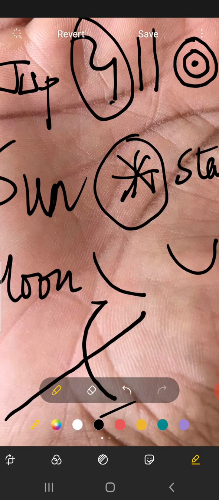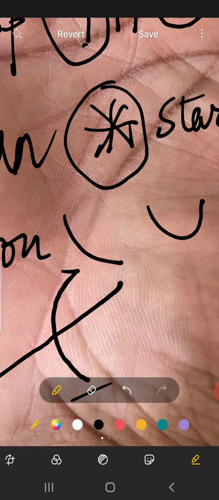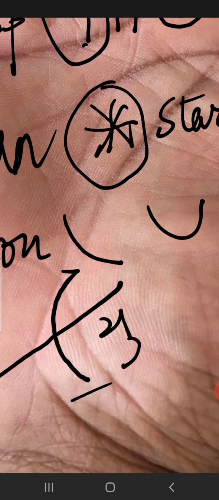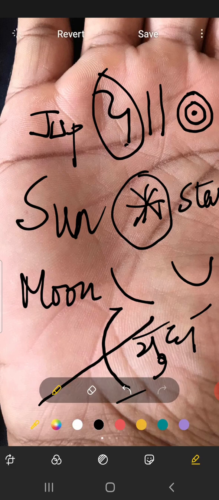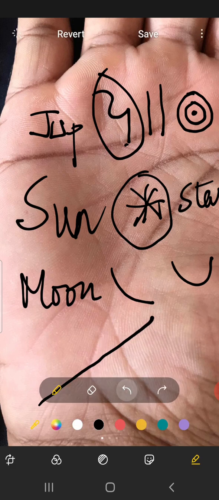This line shows Chandra Yuddha. What does that mean? That means a bad influence of Chandra. Not good. It shows bad influence of Chandra. So this is very important.